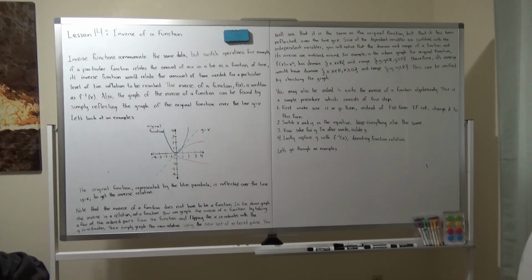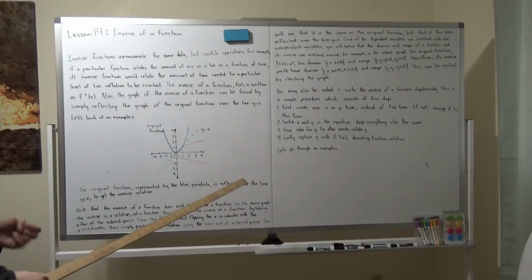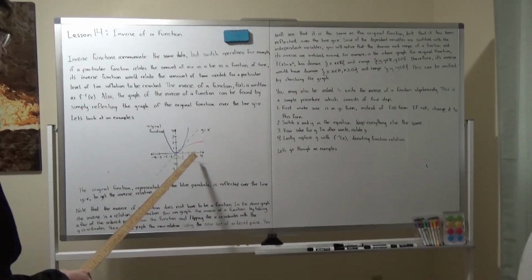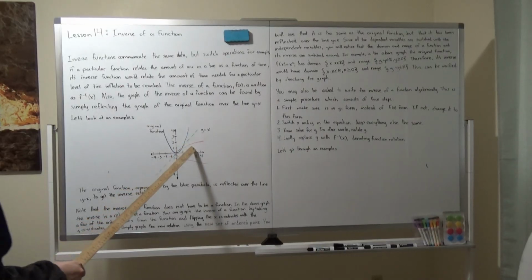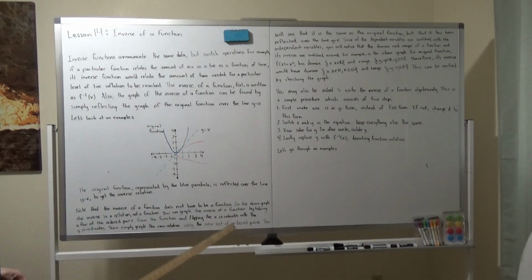You can graph the inverse of a function by taking a few of the ordered pairs from the function and flipping the x coordinates with the y coordinates, like we did for the blue and the red function.